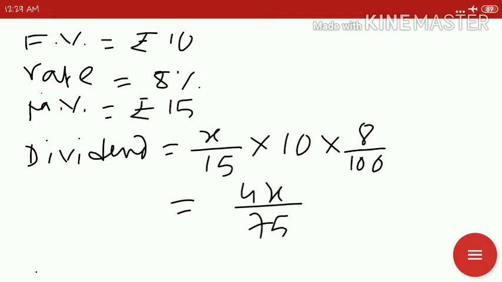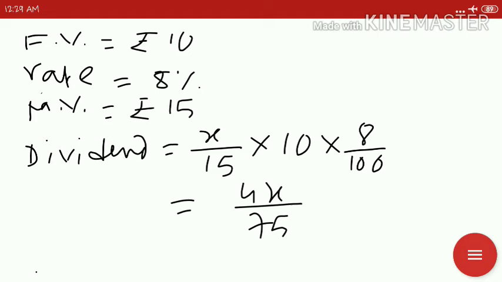There are several methods. One thing is that you can make the denominators similar by taking the LCM of the denominators and then multiplying the numerator and denominator of each of the fractions accordingly, and then compare. Or you can do the crisscross method, which we call the shortcut form.